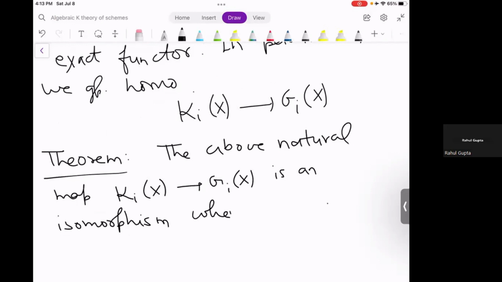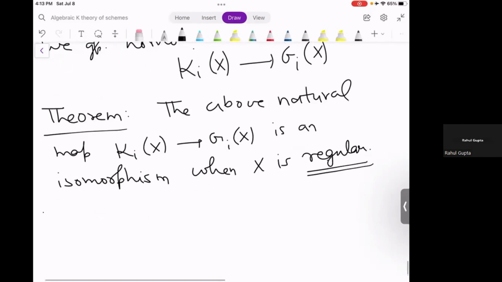When X is regular. Duality usually holds for smooth schemes, and because we are not working with quasi-projective, regularity is a good condition for schemes. And it actually holds.